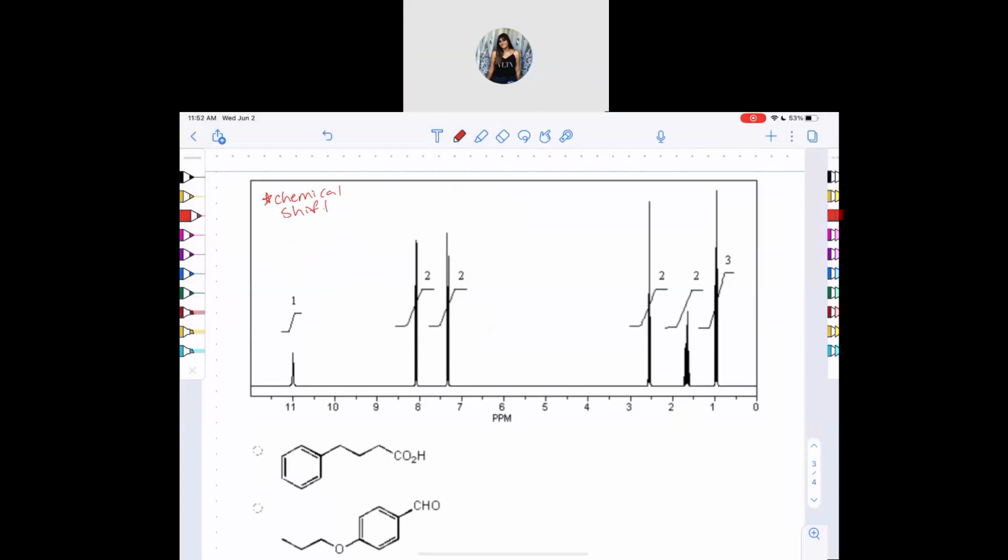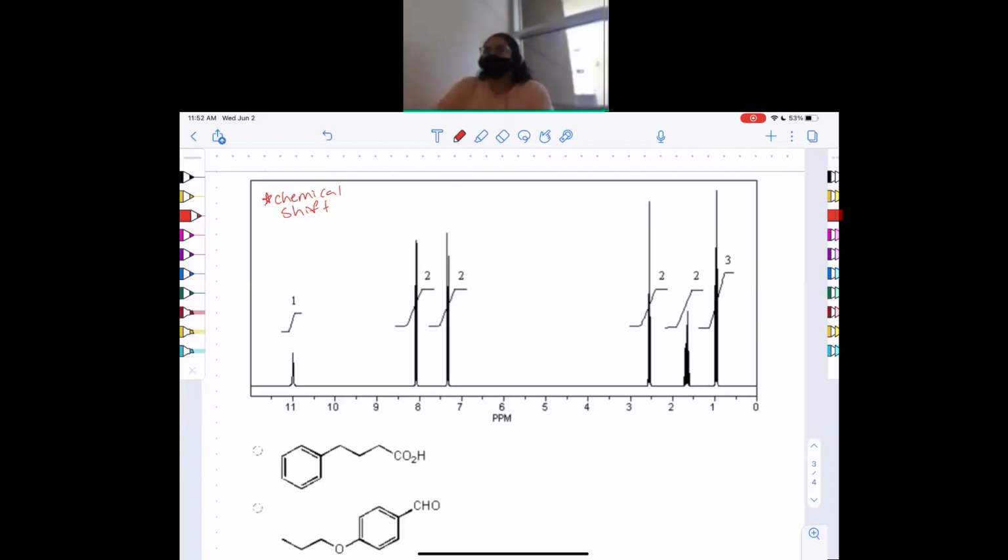What about looking at the index of hydrogen deficiency too? Because I use that for some of these problems, so you can rule out certain ones. Yeah, I think that's a really good method. I just wouldn't look at that as my number one thing. Oh yeah, for sure. I do the same thing.